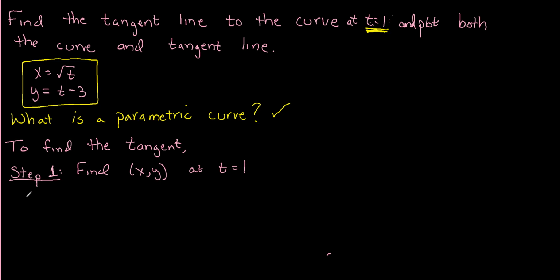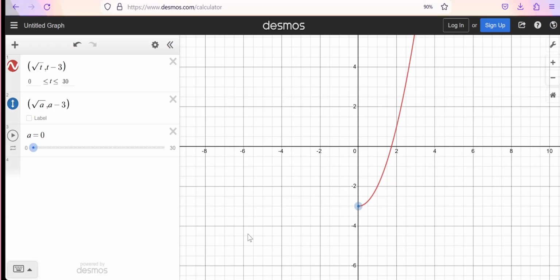When t equals 1, x equals the square root of 1, and y equals 1 minus 3, which is negative 2. So my point of interest is 1, comma, negative 2. If I go back to my plot, I could add a point here at 1, negative 2, and I could label that P if I wanted to.